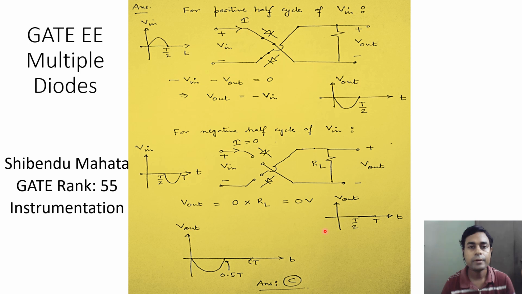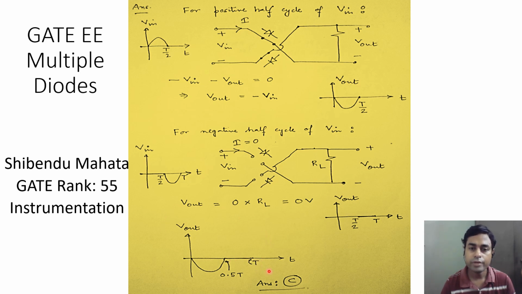And therefore, if we look at the final output, it will be the addition of these two signals. This is from 0 to T by 2 seconds, and the other one is from T by 2 to T seconds, and we find that during the positive half cycle of the input waveform, the output goes negative, whereas for the negative half cycle of the input waveform, the output stays at 0 volt.